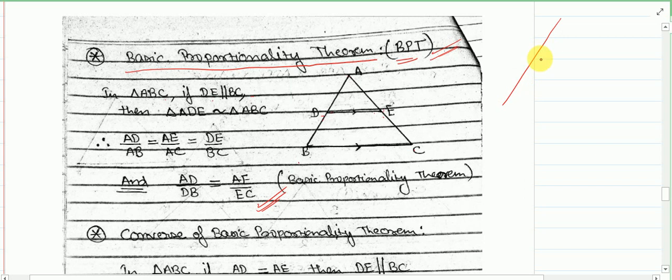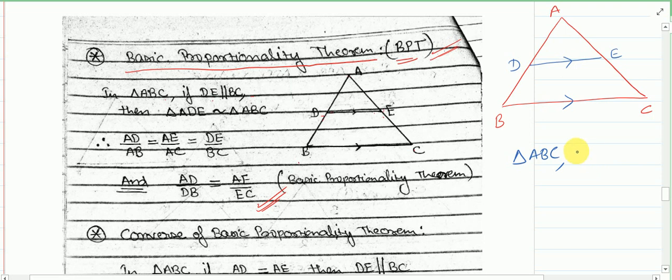Let me write over here: A, B, C. Now I am drawing a parallel line, DE parallel to BC. Now here you consider two triangles. One triangle is triangle ABC and another one is this triangle ADE.